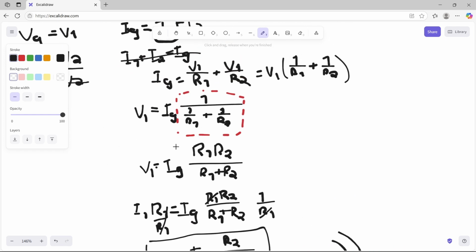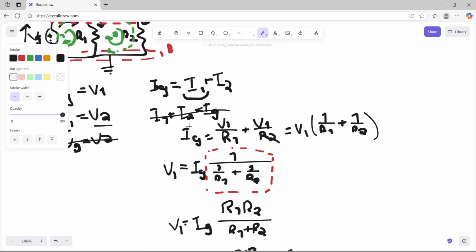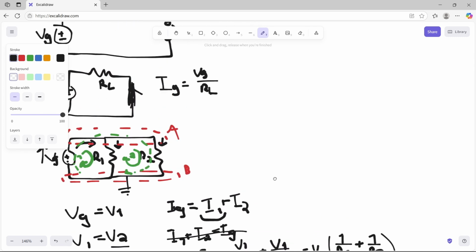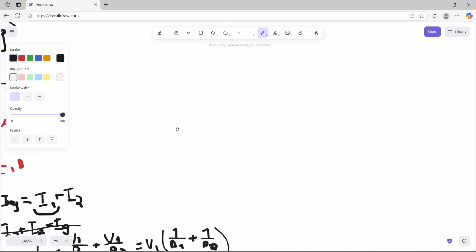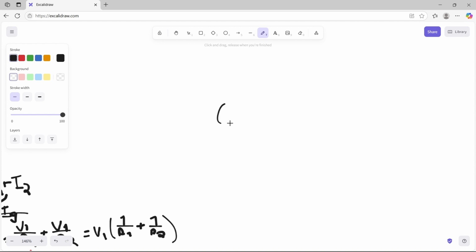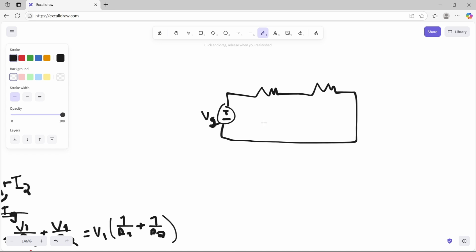Well, if we back up a little bit and we look at a different circuit example, I can show you another fascinating phenomenon that derives from Kirchhoff's voltage law. So we have VG again, and then let's say that we had those light bulbs in series now. So we know that you've got IG here.